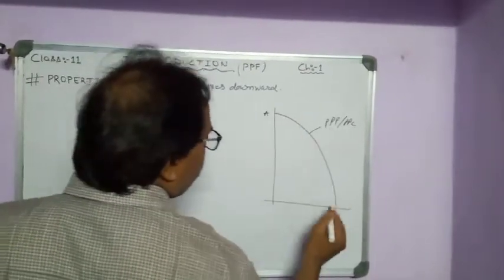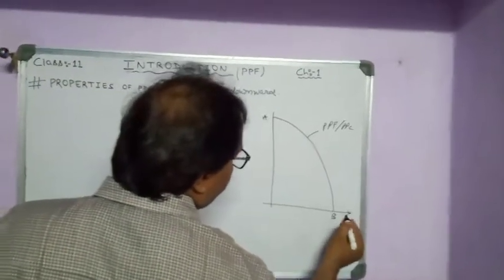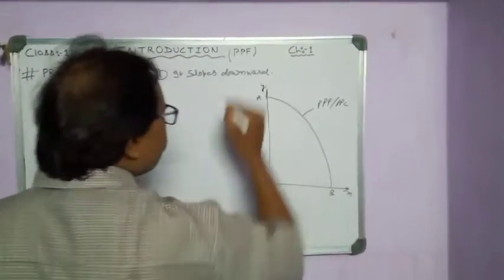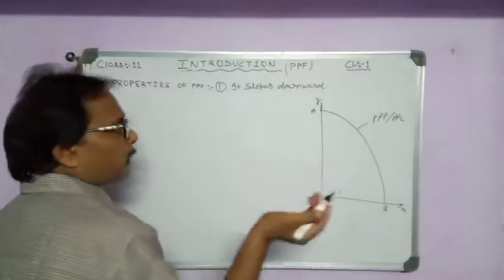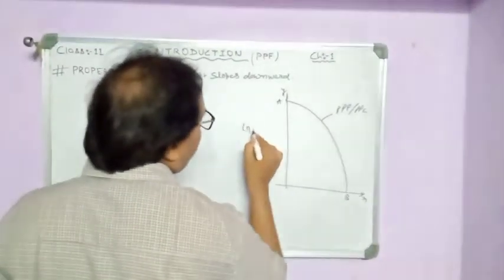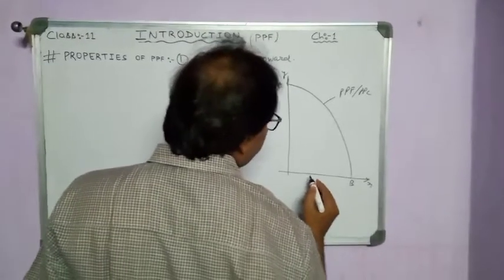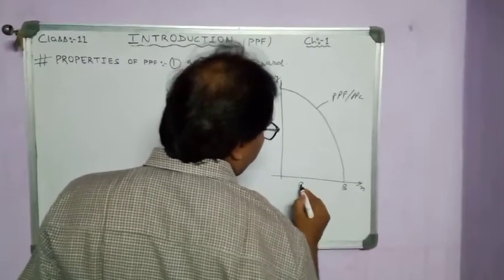A is a point, B is a point. Suppose, as in the previous video, I have taken gun on the y axis and butter on the x axis.